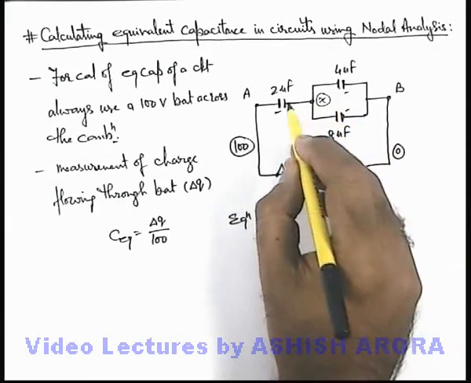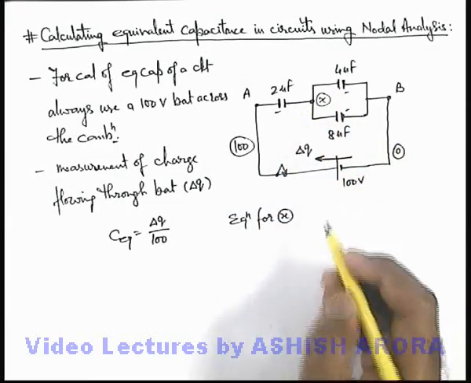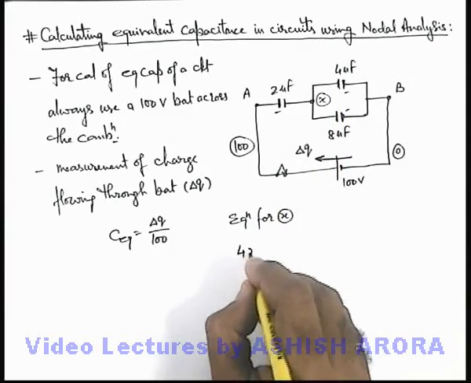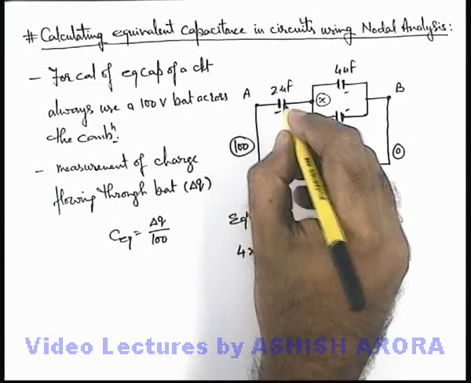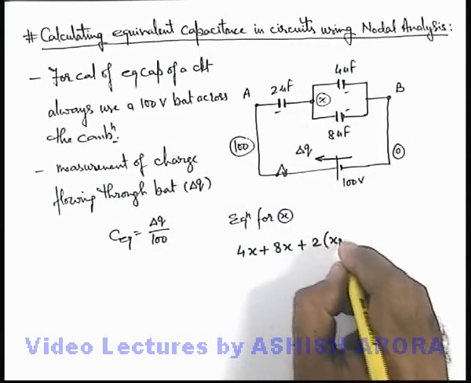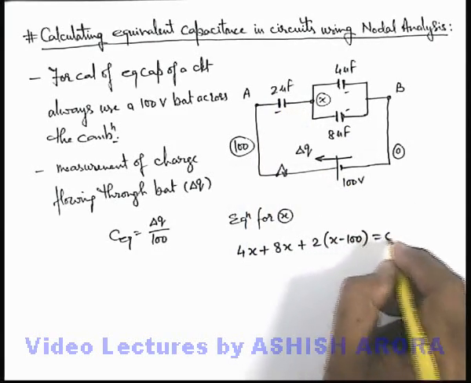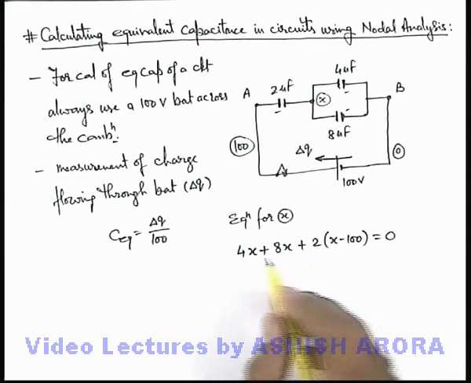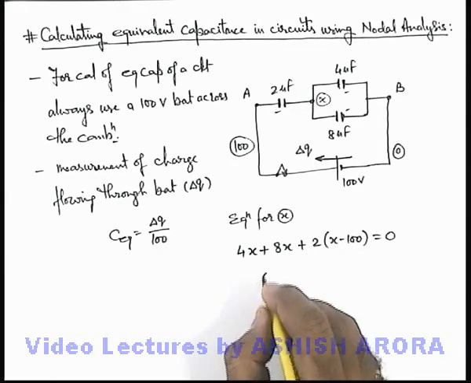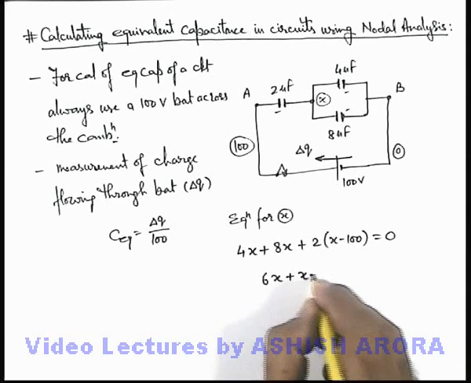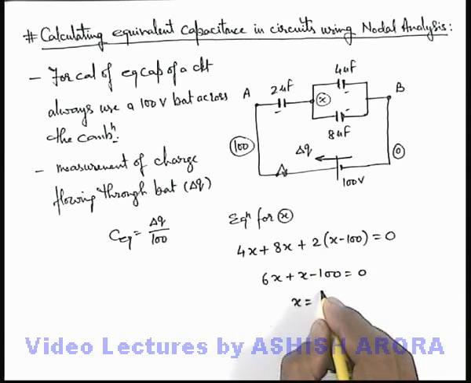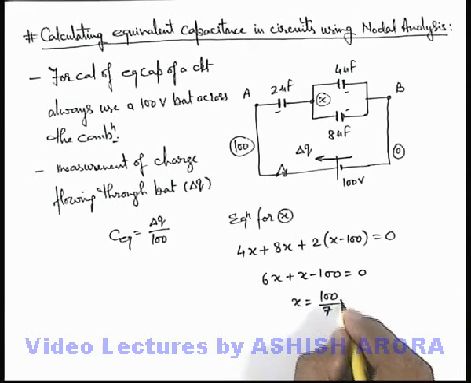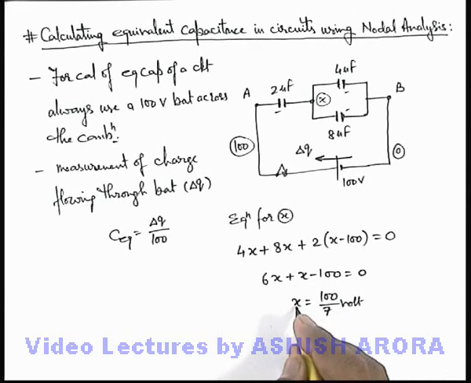The sum of the charges of these three plates must be 0. So the charge here will be 4x plus here 8x plus on this plate 2 multiplied by (x minus 100), and it should be equal to 0. On further simplifying, we get 6x plus x minus 100 is 0. So x we get as 100 by 7 volt.